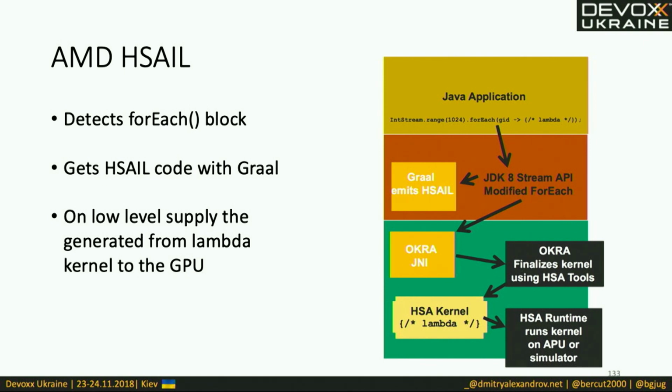It sends this lambda to the Graal just-in-time compiler. You have probably all heard of Graal. If not, there is a Chris Thalinger talk later this day. He will tell you more about it. It compiled it not to the bytecode of Java, but to these HSA codes and sent it directly to the video card, where it was executed.